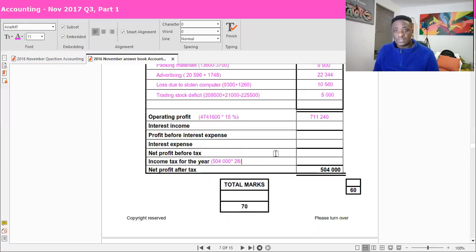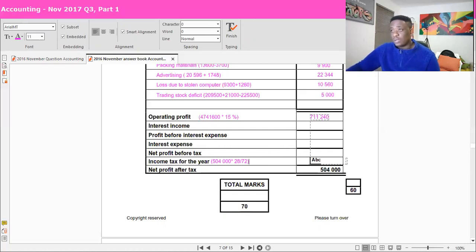But instead of dividing by 100, you would instead divide by 72. The reason for dividing by 72 is because the net profit after tax excludes 28%, so it is an amount that is actually sitting at 72.